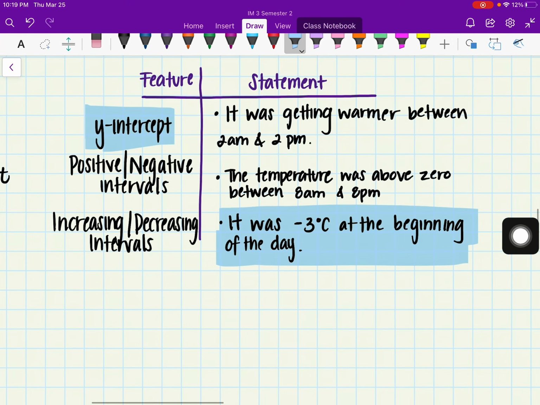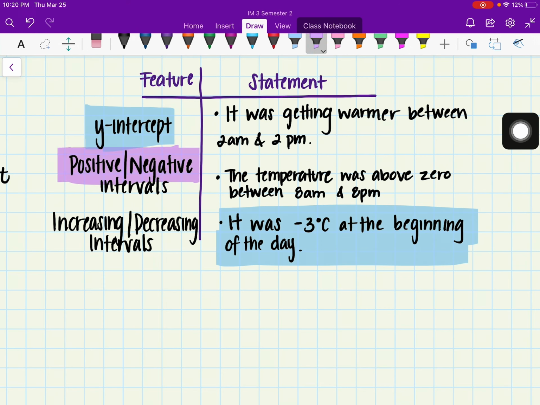So our other 2 statements mention it was getting warmer between 2 a.m. and 2 p.m., and the temperature was above 0 between 8 a.m. and 8 p.m. So in this case, the positive and negative intervals would actually match with the temperature being above 0.